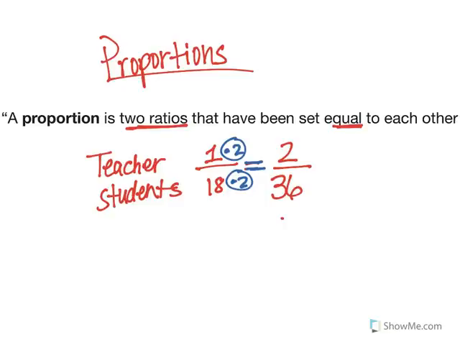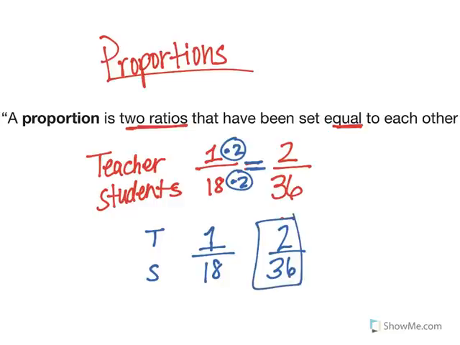Another way you can look at it is by going back to the fact that you have one teacher, T for teacher and S for students, for every 18 kids. Let's say that you have two teachers with 36 kids. Someone in the classroom may raise their hand and say, hey, that's not fair. There's two teachers and 36 kids. They have more kids.